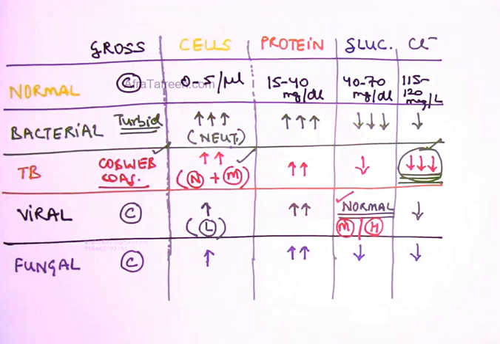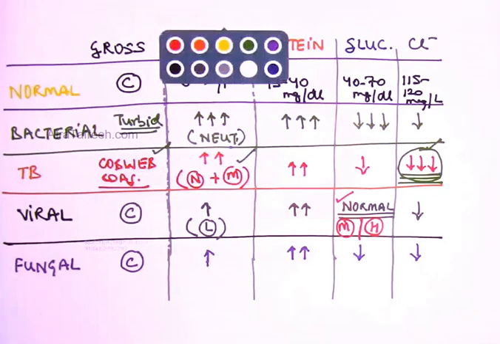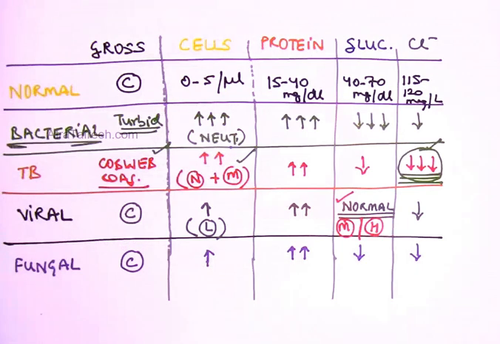The characteristic features associated with each of the different types of meningitis would be saliently remembered as follows. Bacterial meningitis is characterized by turbid appearance of the CSF, high numbers of neutrophils, very much increased levels of proteins, very depressed levels of glucose, and mildly reduced levels of chloride.